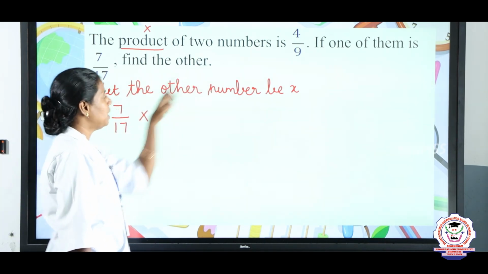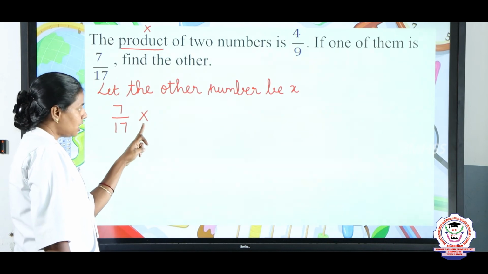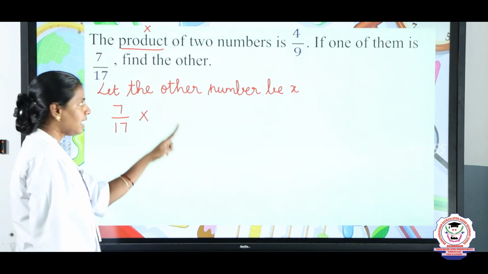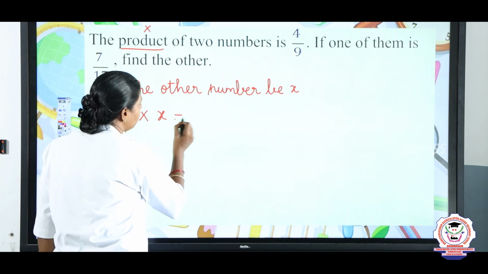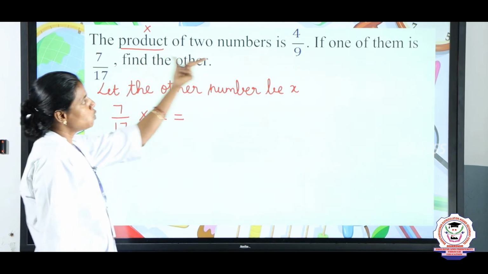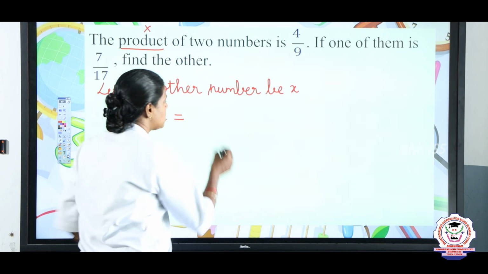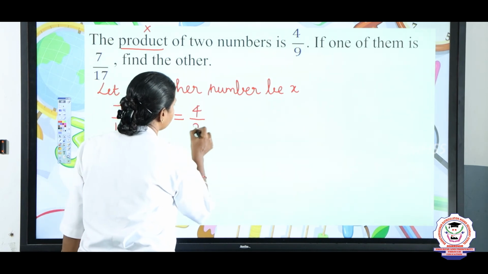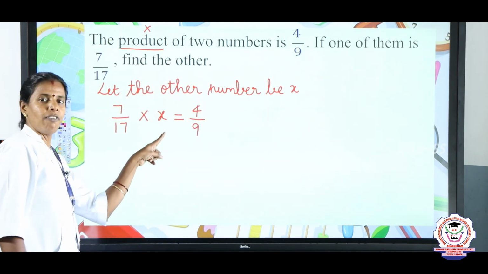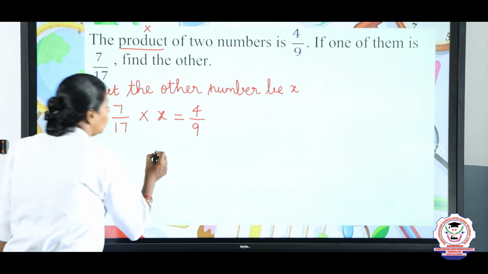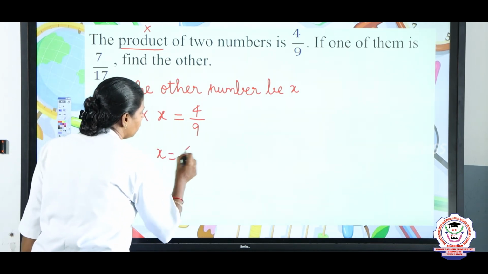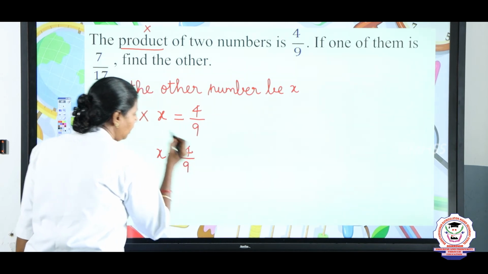So, the product of two numbers, the first number, product is multiplication, and the second number, the other number we have taken as x, equals what is the product of these two numbers given here? Yes, 4 by 9. So, if we find the value of x, we can know what the other number is also, okay children. So, 7 by 17 times x equals 4 by 9.